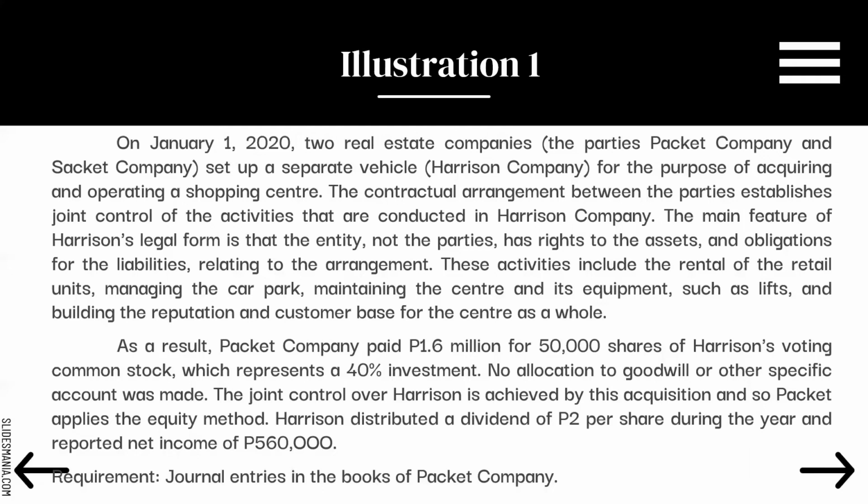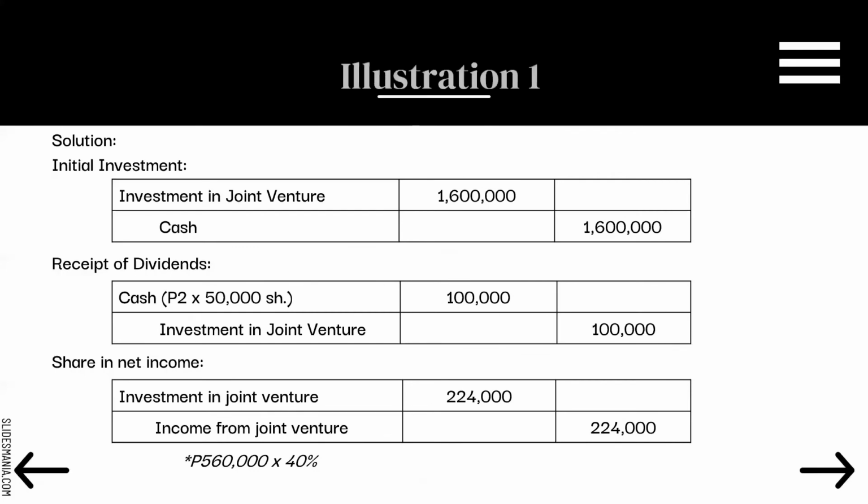No allocation to goodwill or other specific account was made. The joint control over Harrison is achieved by the acquisition, and so Packet applies the equity method. Harrison distributed a dividend of 2 pesos per share during the year and reported net income of 560,000. And for the requirement, journal entries in the books of Packet Company.